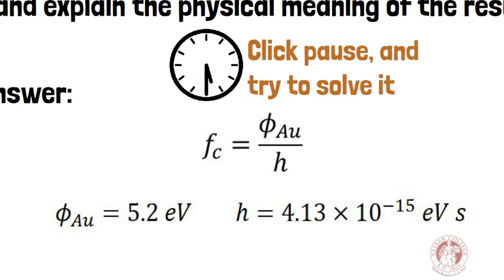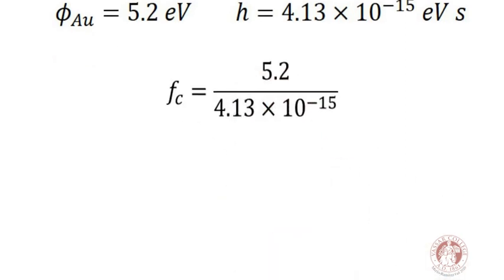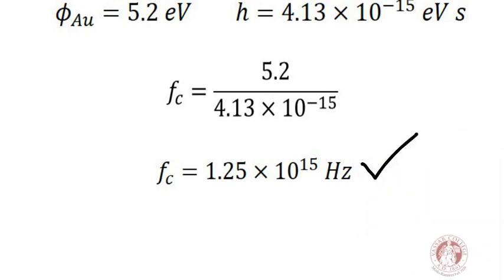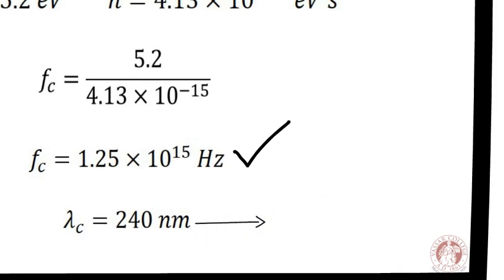Then, the cutoff frequency can be calculated by replacing the values in the equation above as follows. Finally, the cutoff frequency for a gold anode is. This frequency is equivalent to a wavelength of about 240 nanometers, meaning that in order to extract photoelectrons, ultraviolet light is needed.